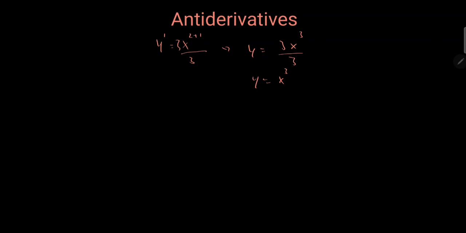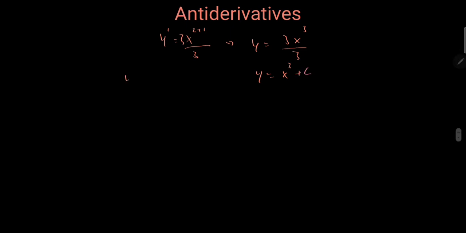But whenever we find the antiderivative, we always put a plus c. Now, why is this? Because if we have the equations y equals x cubed plus 100 or y equals x cubed plus 50, right? When we find the derivative of this function, they're both going to get 3x squared, correct?